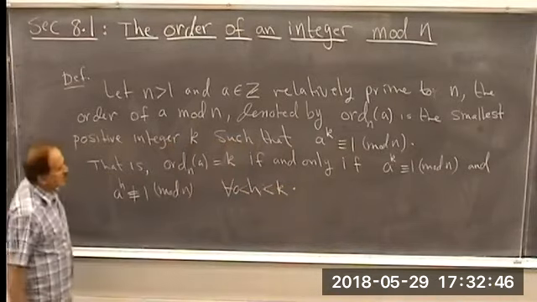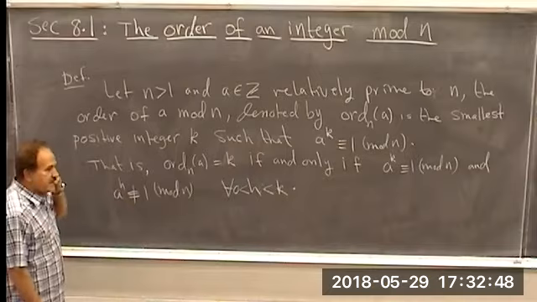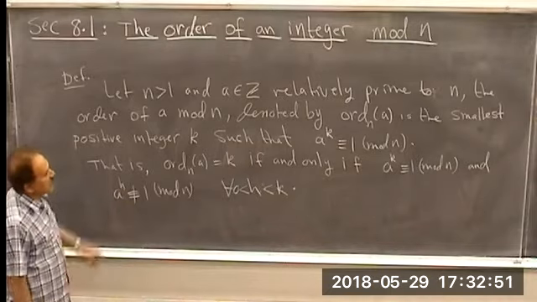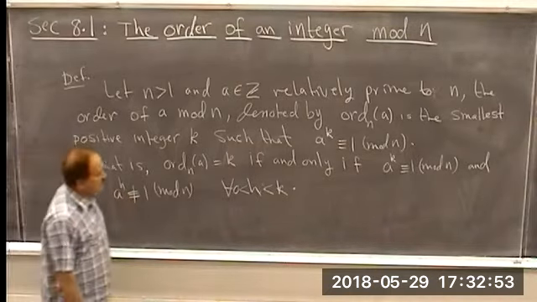So it is the smallest among all the powers that you raise a to that give you a congruence to 1, and it is called the order, which in this case is k.